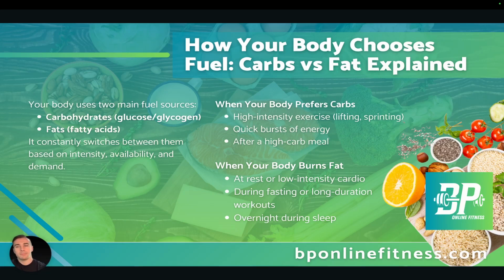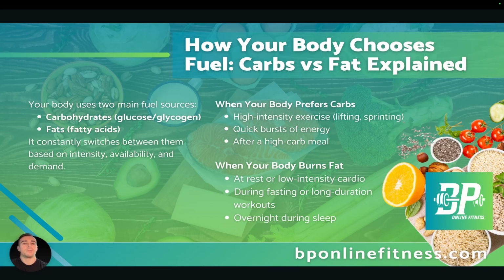So back at the topic at hand, your body uses two main fuel sources, this being carbohydrates, which is glucose and glycogen. These are basically the energy sources that come from these nutrients, and fats, fatty acids. Your body constantly switches between them based on intensity, availability, and demand.